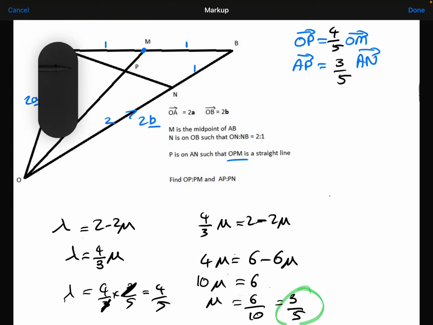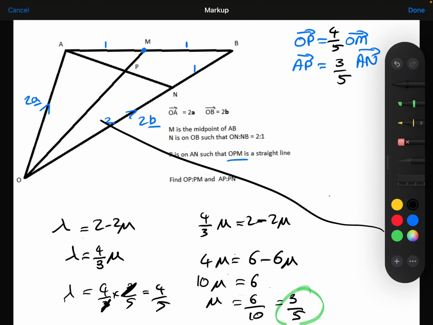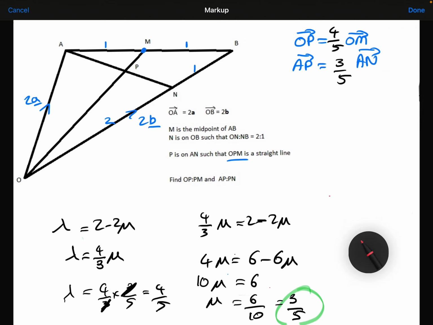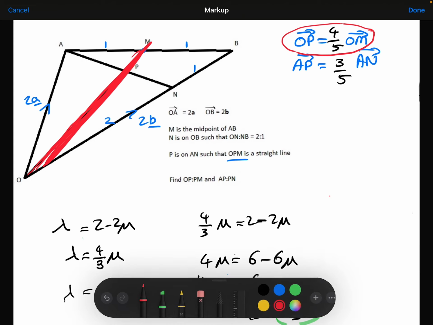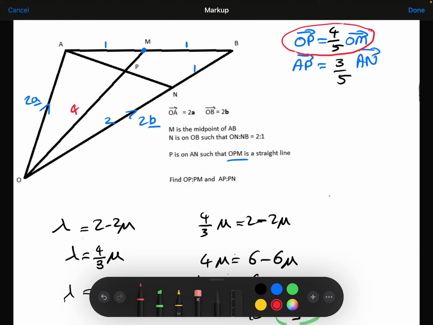And then finally, let's just remind ourselves what that's actually saying. We are saying that OP is 4/5 of OM. This is 4/5 of the whole thing. So what that means then is this is 4 parts and this is 1 part. So the ratio OP to PM is 4 to 1.